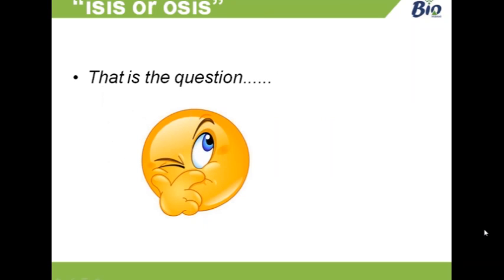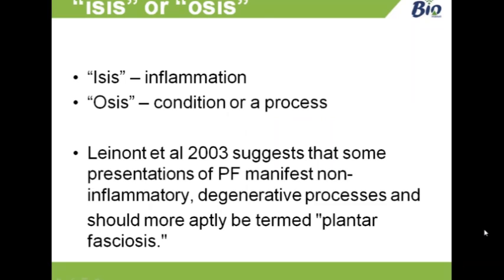Now on to something a little more thought-provoking. I've put on there ISIS or OSIS, that is the question. Now I'm not starting a debate here about a conflict in the Middle East. In medical terms, if you look in your medical dictionary, anything which has itis on the end of the condition means that there's an inflammation.